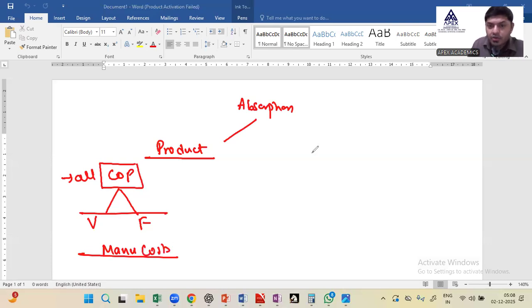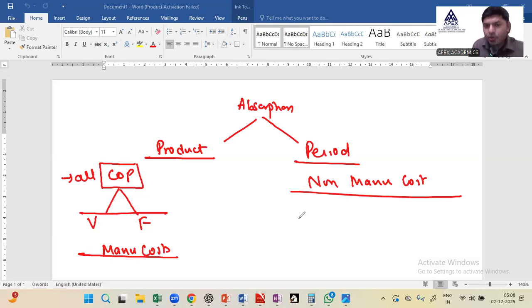The period costs, very simply put, are my non-manufacturing costs, which are going to comprise of the broad bucket of selling and distribution and administrative overheads. So this is the concept. In the question, they asked you direct labor.